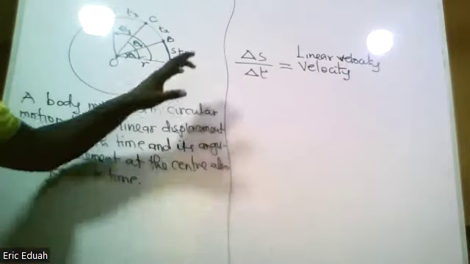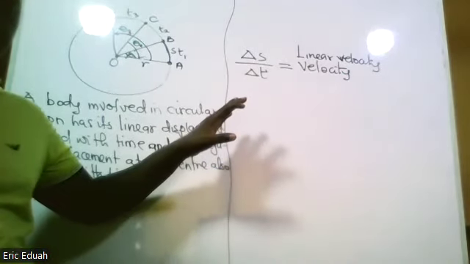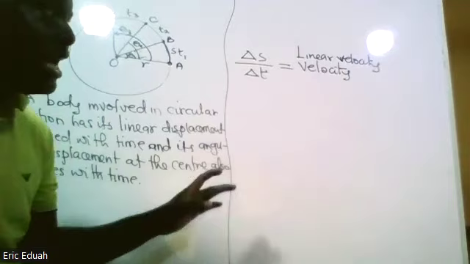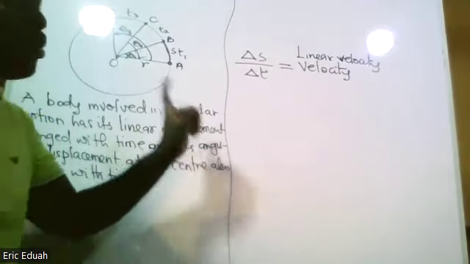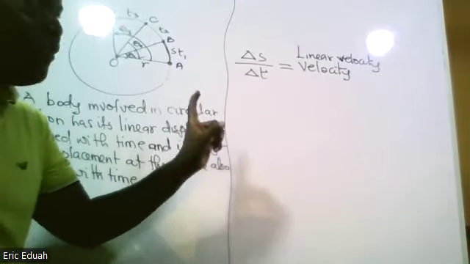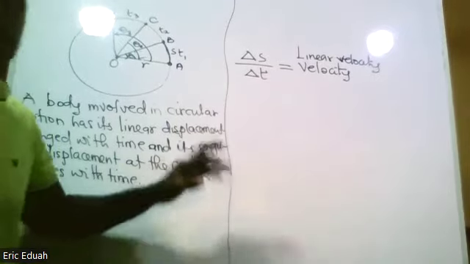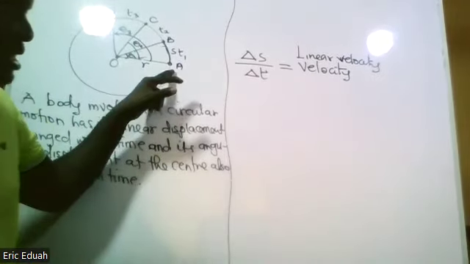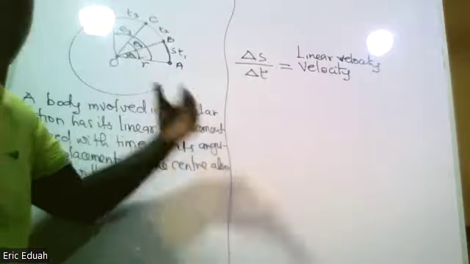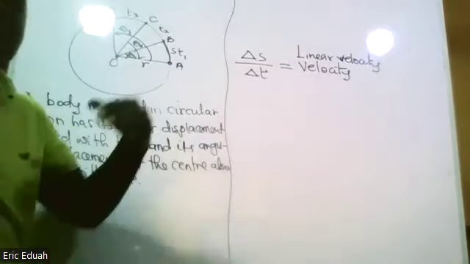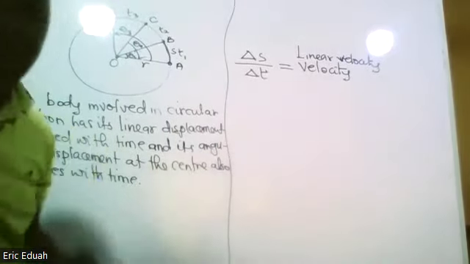So why is it that a body in circular motion has a constant linear velocity v? It is because its displacement continues to change with time.